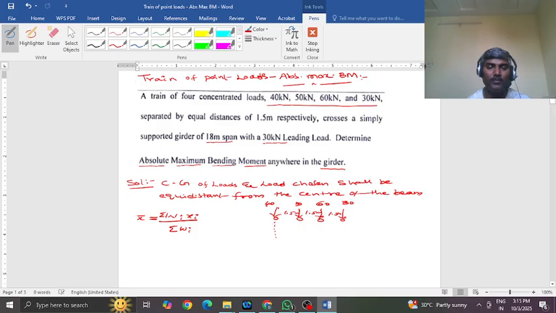So let us keep any of the loads as a reference line. Here I am taking the reference line as the 40 kilonewton load, which means I am going to measure all the distances x1, x2, x3 from this reference line. So let us expand this formula.